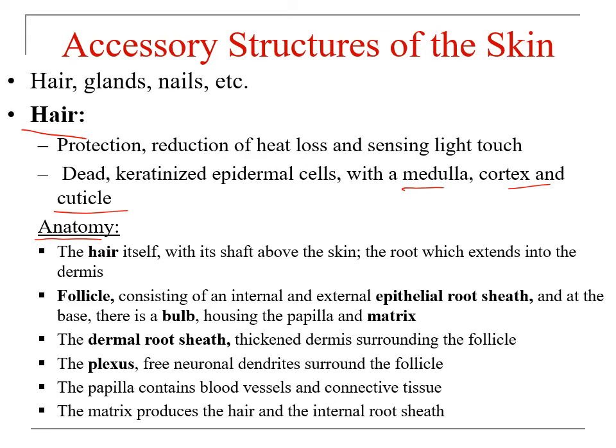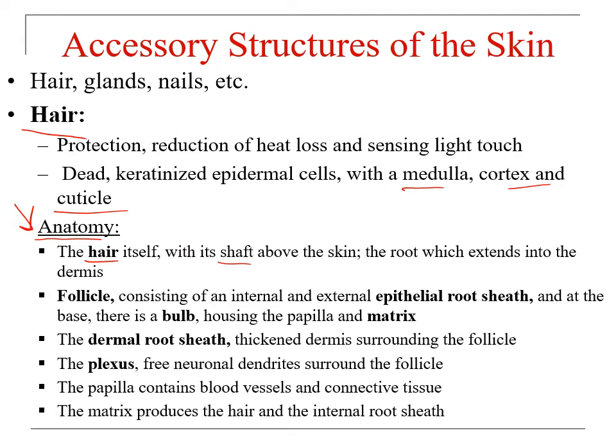As for the anatomy of the hair, each hair is composed of columns of dead keratinized epidermal cells bonded together by extracellular proteins. So first we have the hair shaft, the superficial portion of the hair which projects above the surface of the skin. We're going to see it in the next figure.